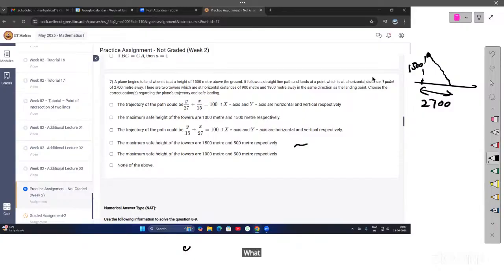What is the meaning of trajectory? Hello? Trajectory is actually the path followed by any object.